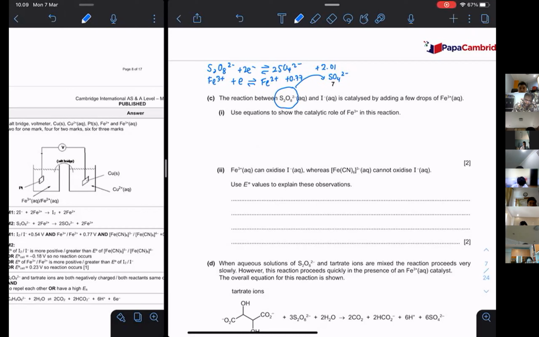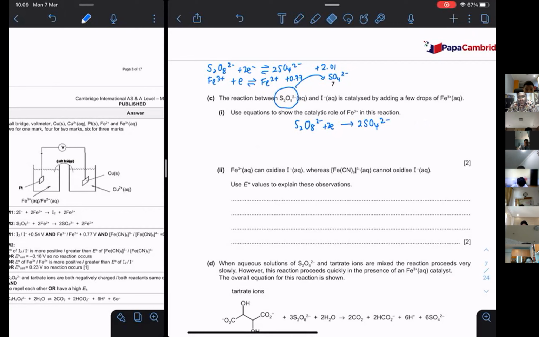You are going to react S2O8 2 minus, plus 2 electrons, and they are going to give you 2 SO4 2 minus. So this is the one equation.